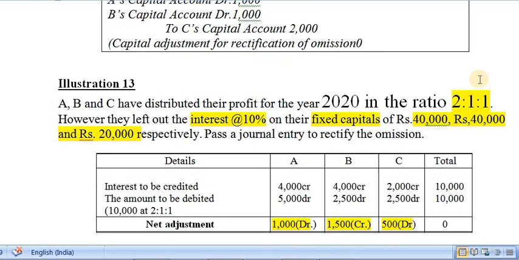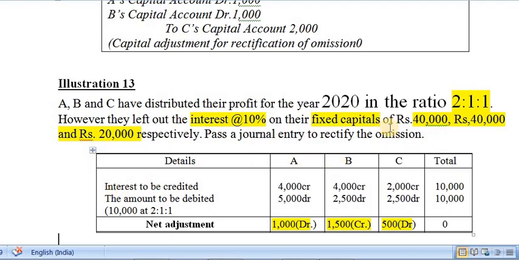10%. Okay, let us focus on what we have to do first. Step 1. Give them interest on capital. Interest to be credited. Debit comes first or second, it doesn't make any difference anyway.